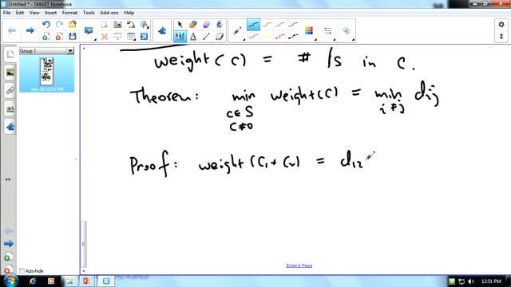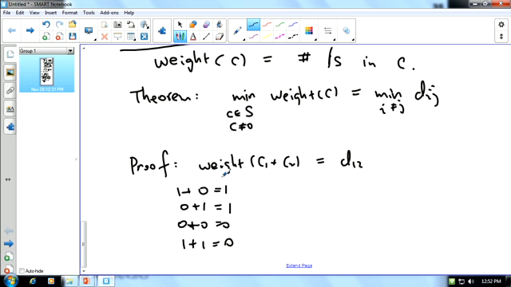Now why is this the case? If you consider the summation in binary domain, if we perform summation, what will be 1? If the 2 bits are different, we will get a 1. If the 2 bits are the same, we will get a 0. So if we add up 2 code words together, and we look at the locations of the ones, that means the locations where those 2 code words are different. Okay?